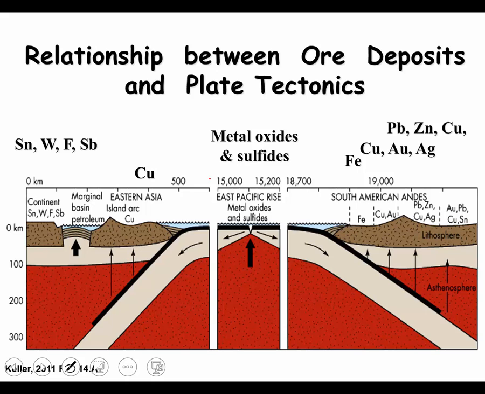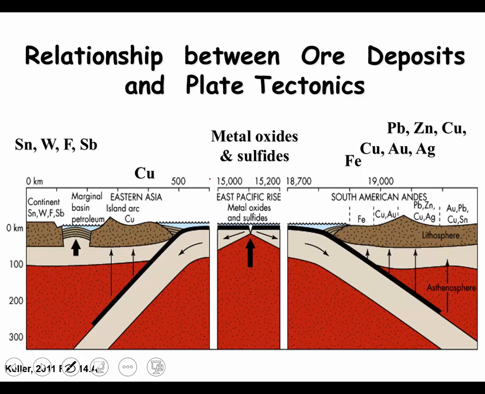Now, plate tectonics controls, to the largest extent, igneous activity. And the extent to which we're looking at igneous processes that are mineral forming or ore forming, look at divergent and convergent plate margins.